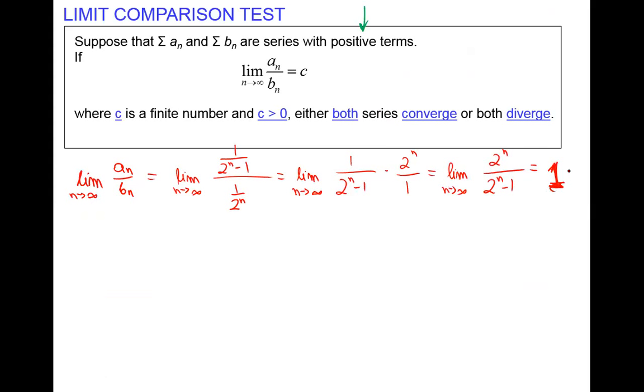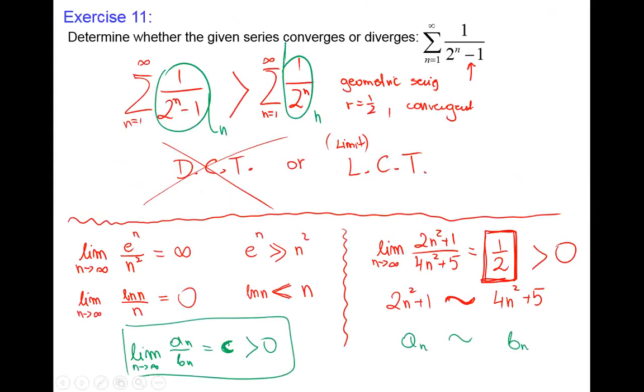That means this is my number C greater than 0. I'm satisfying limit comparison, and I can say that since b sub n was convergent, a sub n is also convergent, because we know that the limit is 1.